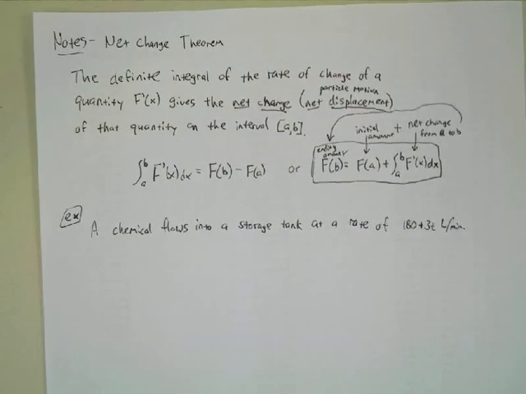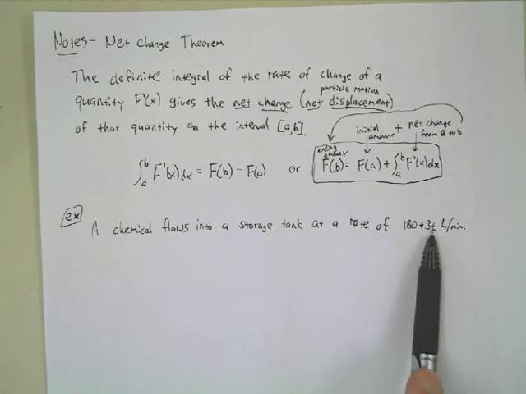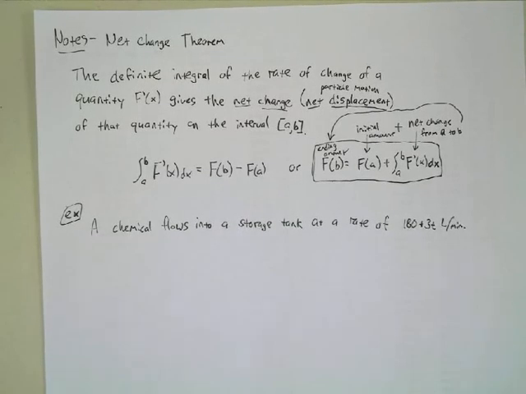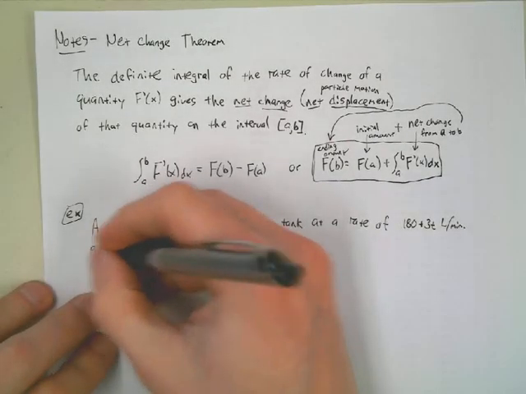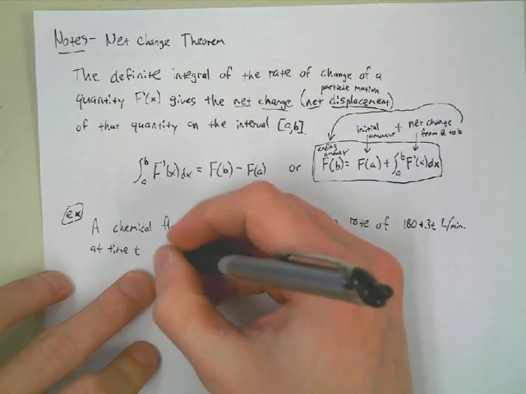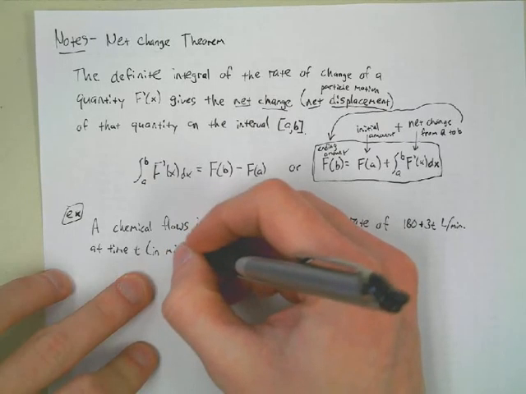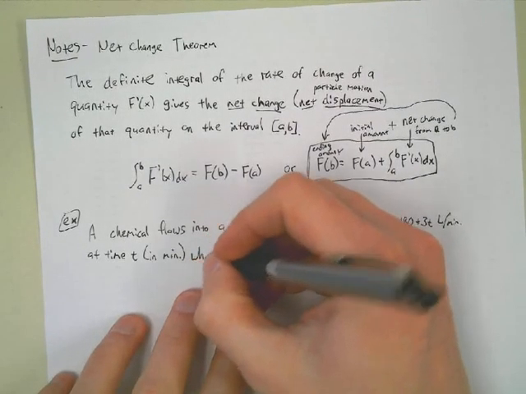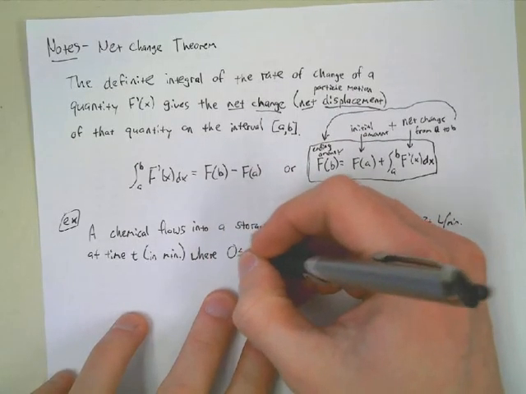So you can see that our rate of the chemical flowing into the storage tank is not a constant rate. It depends on what time it is. The further you go in time, the greater the rate will be. At time t in minutes, okay, so time is in minutes, and where 0 is less than or equal to t is less than or equal to 60.